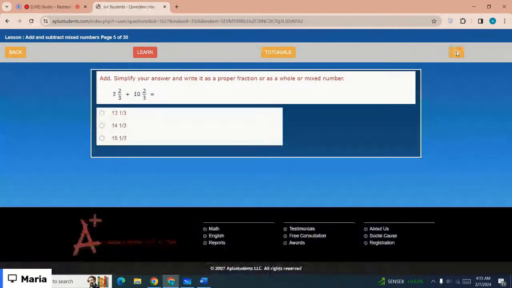The next one is add 3 whole 2 by 3 plus 10 whole 2 by 3. So which is the correct option?